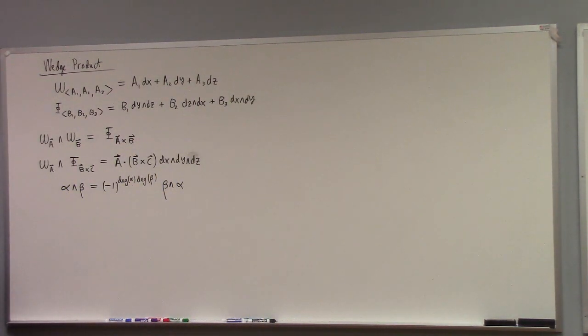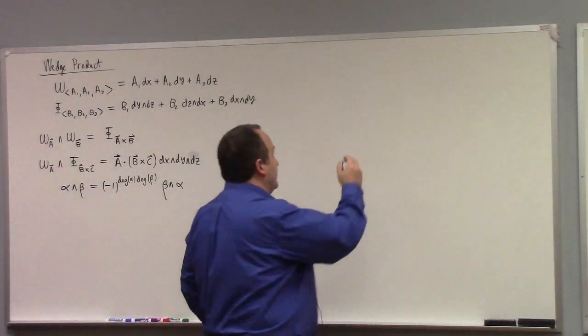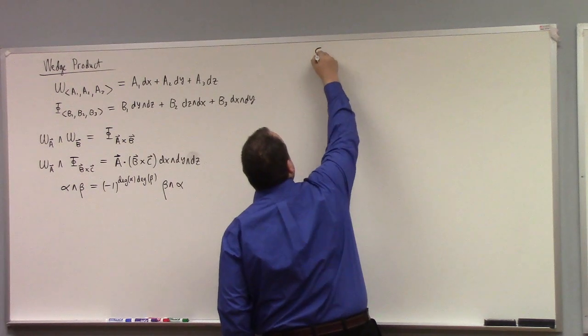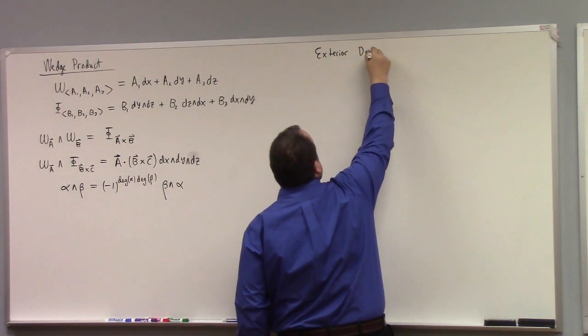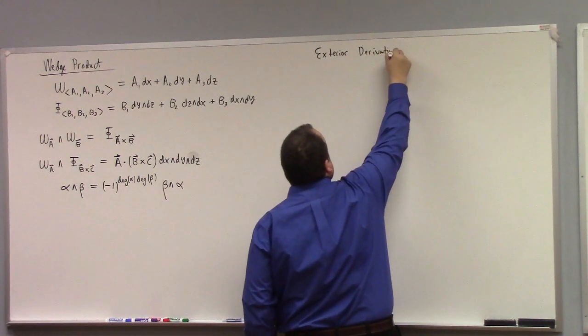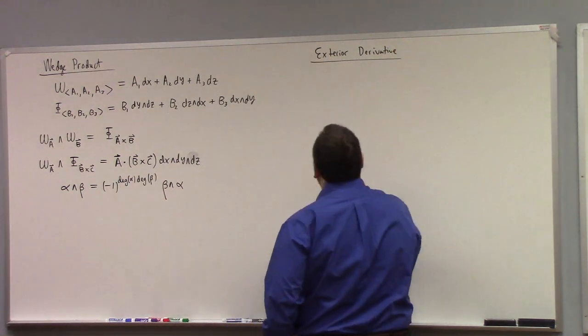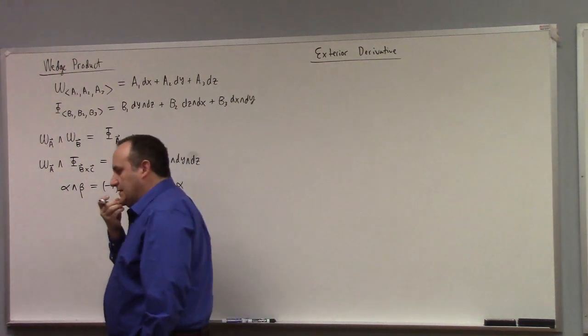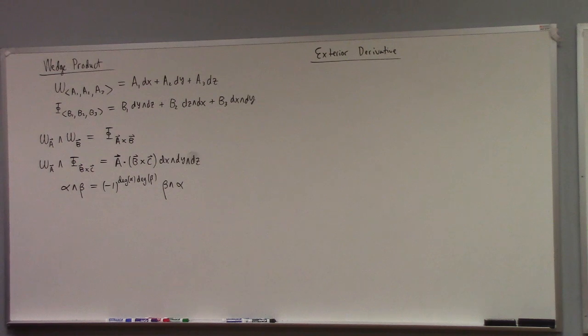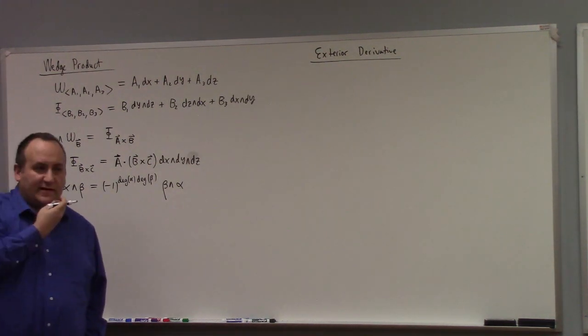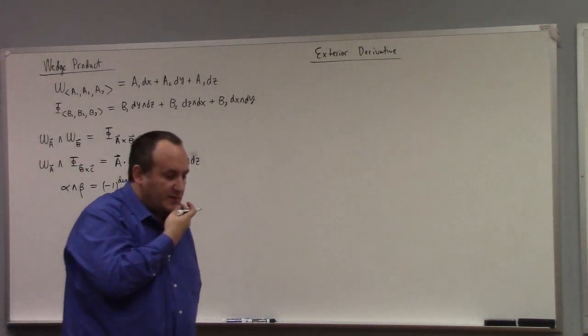But today, we need to continue this story and talk about the exterior derivative. You've actually already done this. We've already talked about the exterior derivative in this course. We didn't call it that, but the differential is in fact the exterior derivative on zero forms.